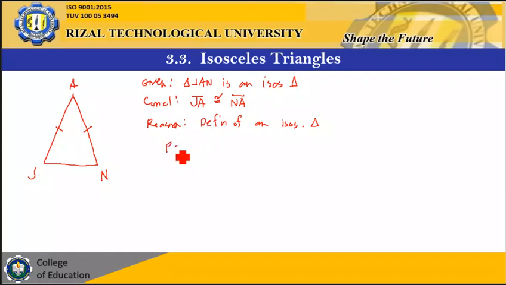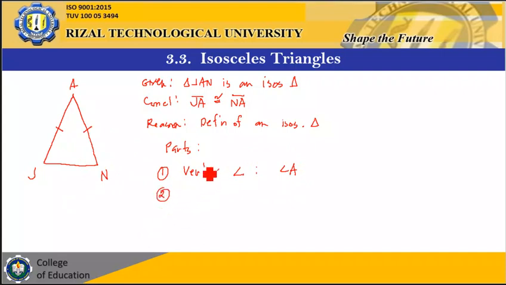The first part that we have to be reminded of is the vertex angle. In the given illustration, the vertex angle is angle A.